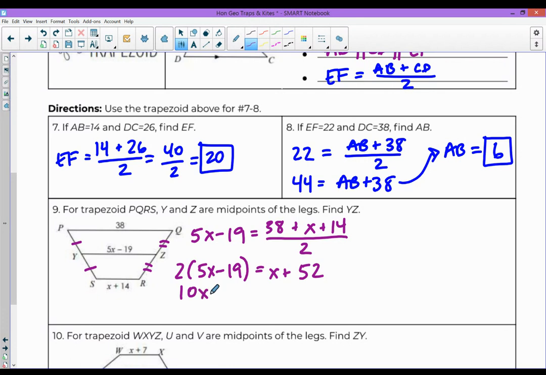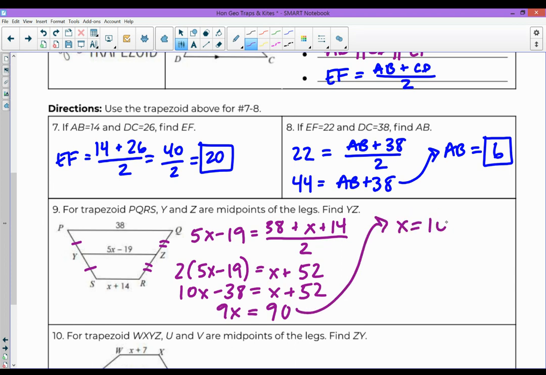So I have 10x minus 38 equals x plus 52. So I have my x's on the left, 9x. Bring my constants to the right, equals 90. So now I know that x equals 10. However, I want to find the length of segment YZ. So I can get that from substituting the value of x in.